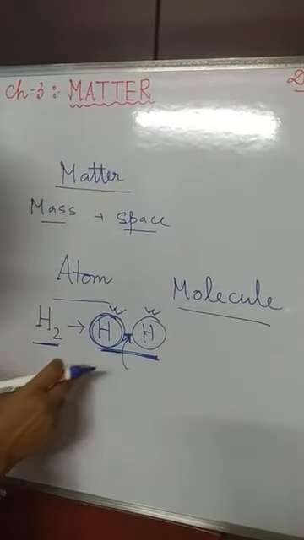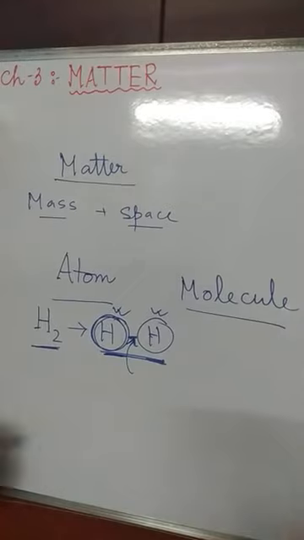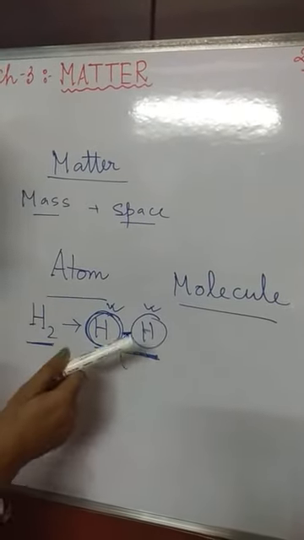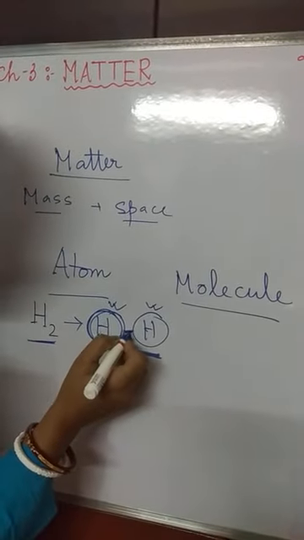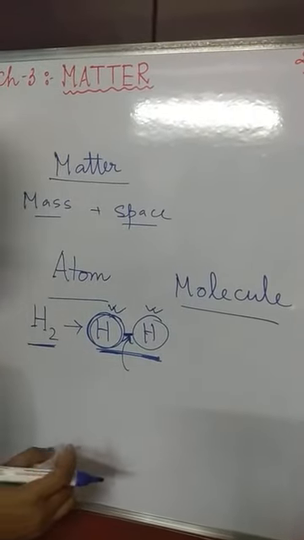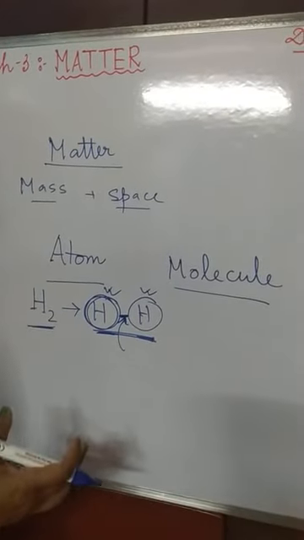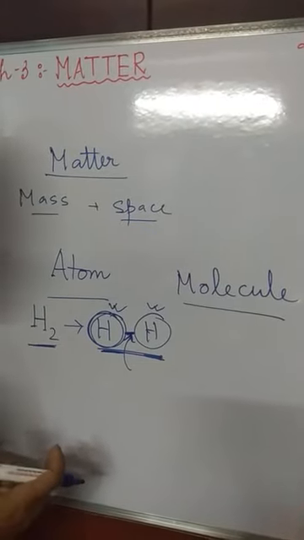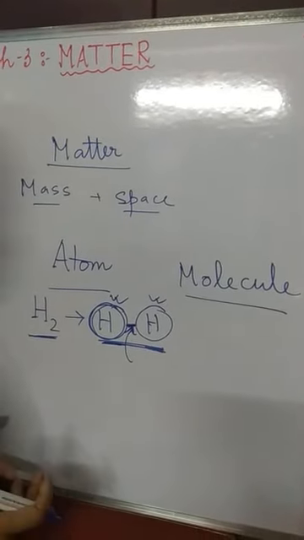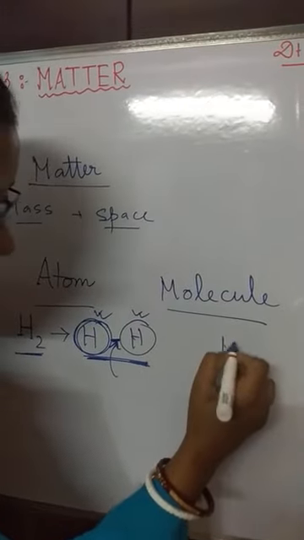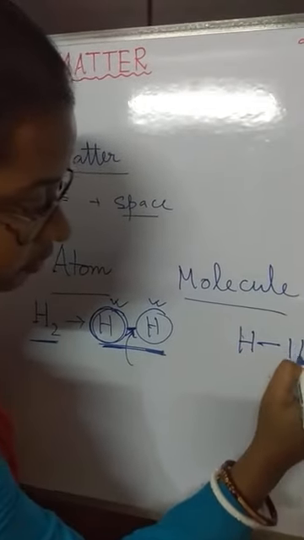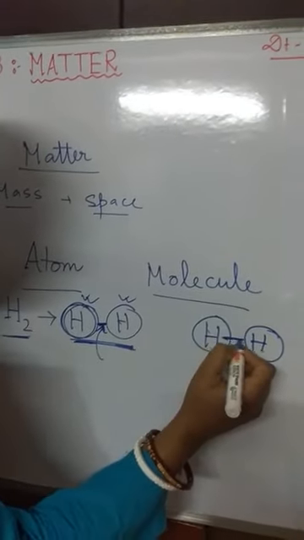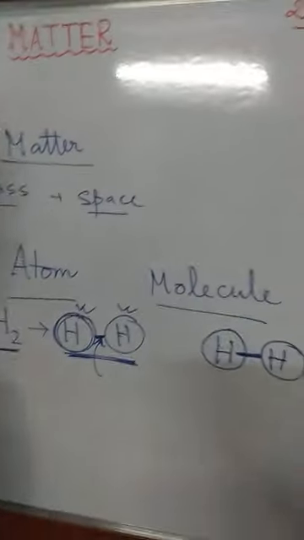Atoms cannot exist independently, whereas a molecule can, because in between the two atoms there is a bond. This is the chemical bond, and through this bond they form the molecule. They get together in this manner and attain stability. So the hydrogen molecule is when two atoms of hydrogen are bonded together with a chemical bond.